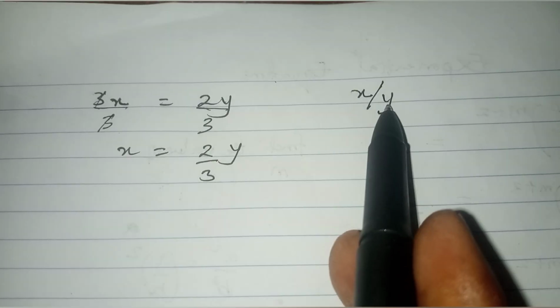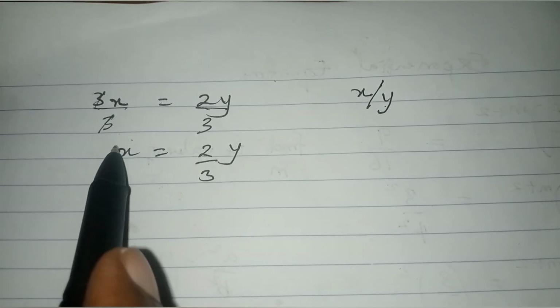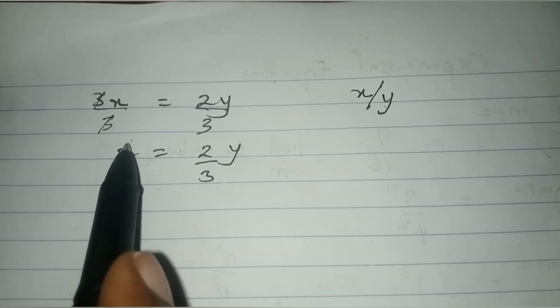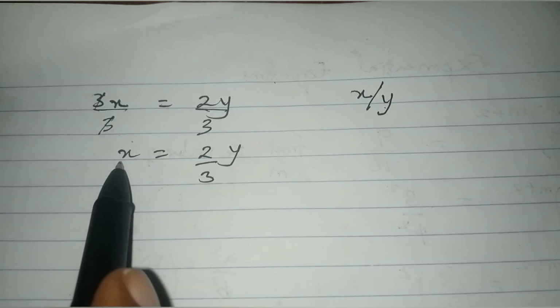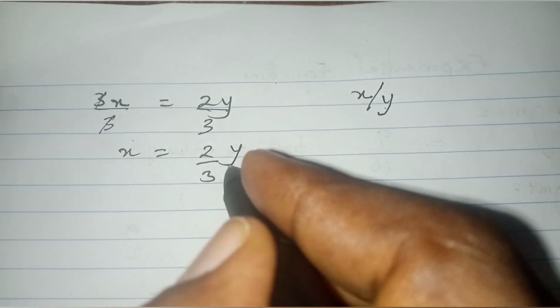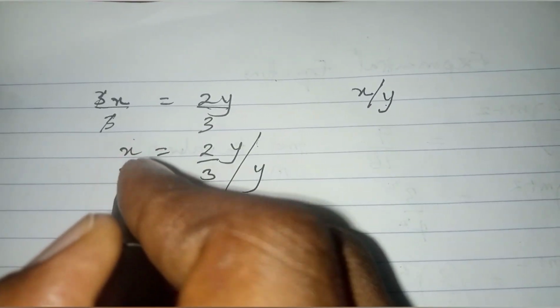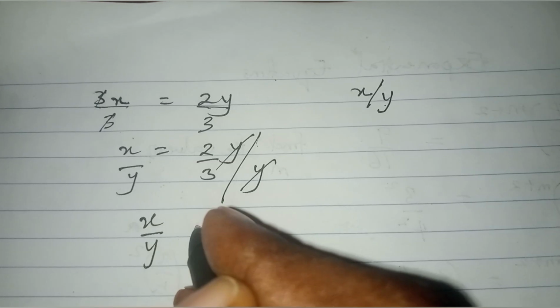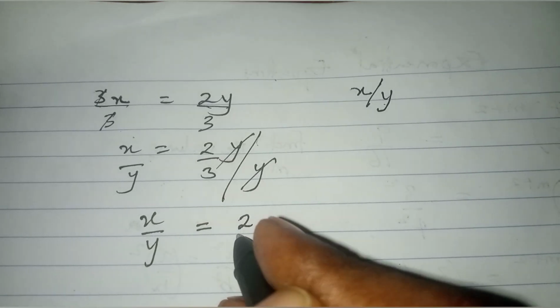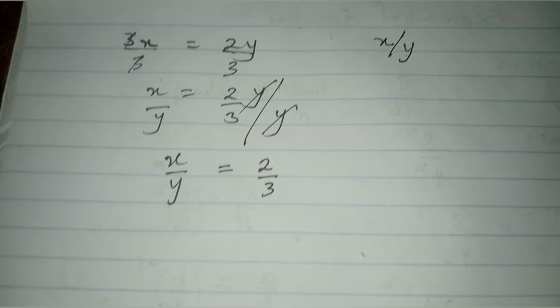Now, we are told to find x over y. So it's only x we see here. So in order to find x over y, we divide both sides again by y. So y will cancel out y. So x over y will now be equal to 2 over 3.